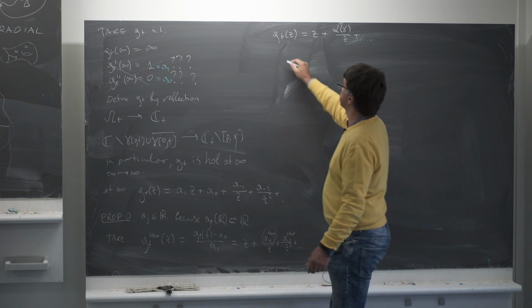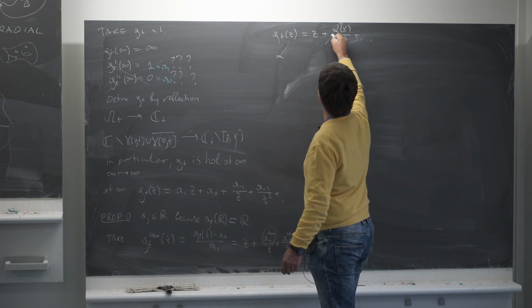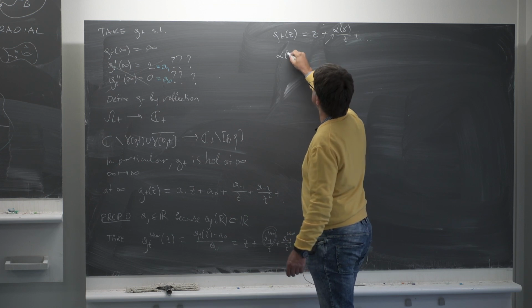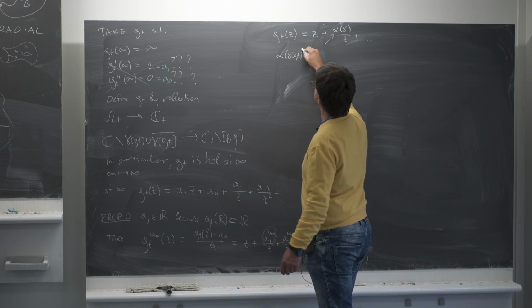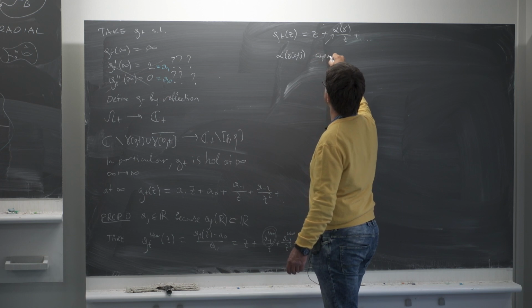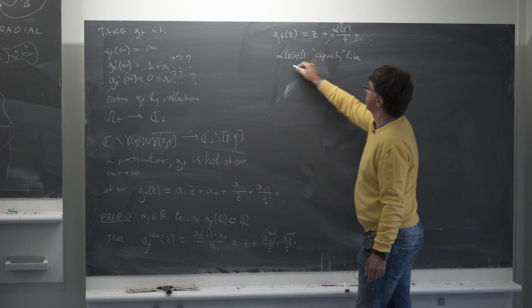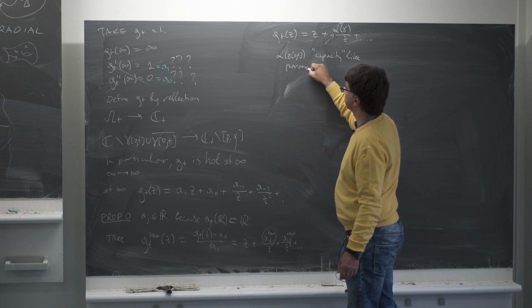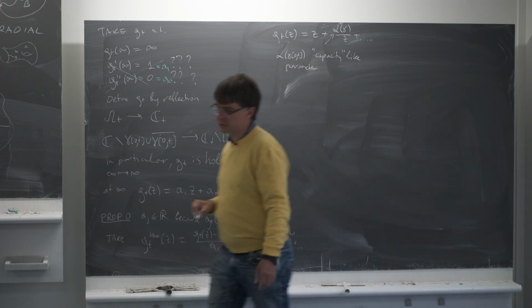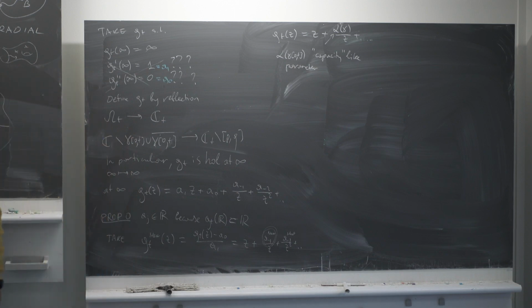I say that this coefficient is alpha of gamma 0t. It's a sort of capacity-like parameter. Actually it's just the electrostatic capacity in a half plane.